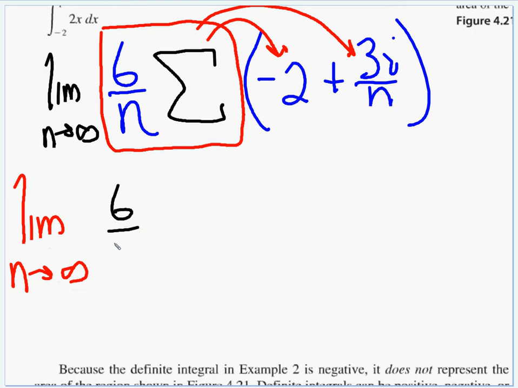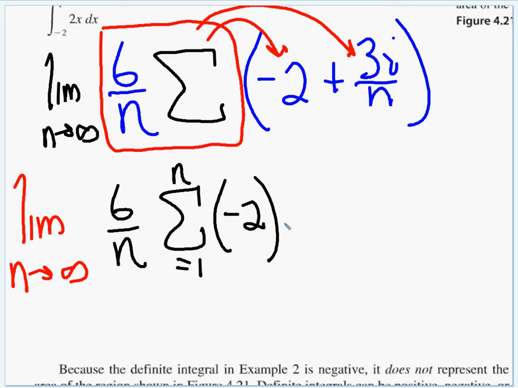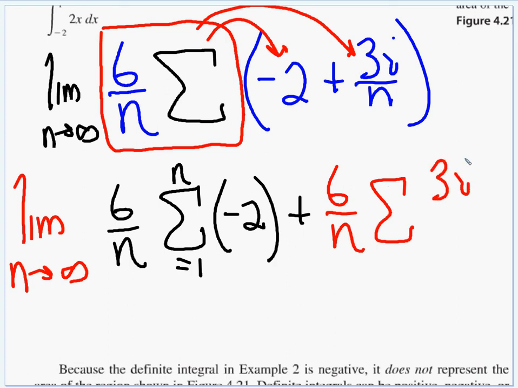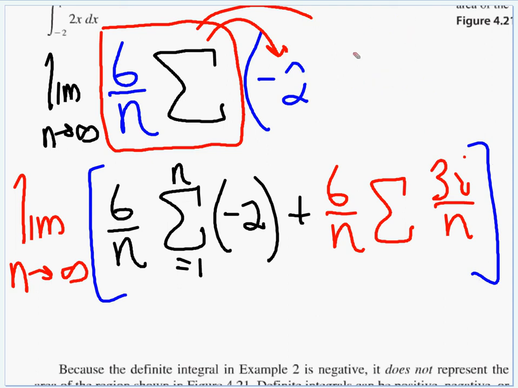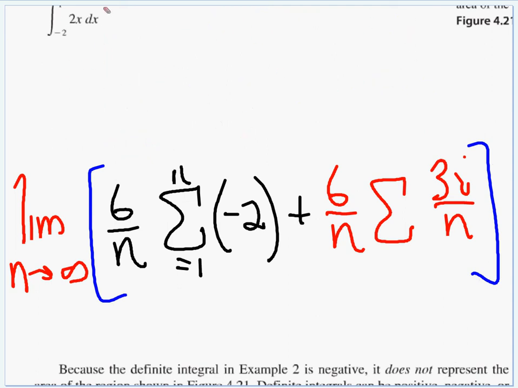We're going to have 6 over n, summation from the first to the nth rectangle of -2, plus 6 over n summation of 3i over n. And remember, that limit notation applies to this whole kit and caboodle. We'll let n go to infinity as soon as we possibly can.